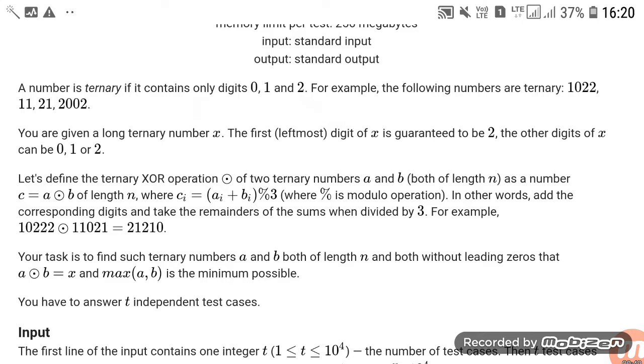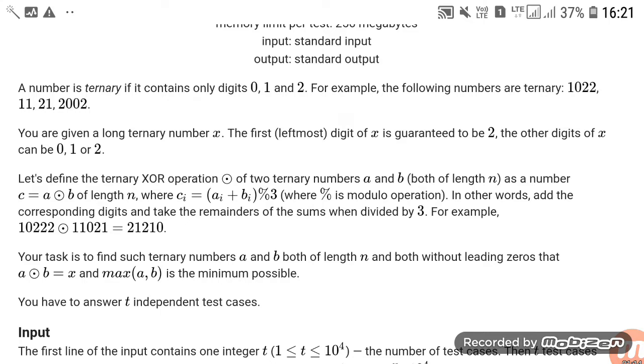Now let's define the ternary XOR operation of two ternary numbers a and b as a number c equal to (ai plus bi) mod 3. Okay, so the result will always be 0, 1 or 2. Since we are using modulo 3, the possible remainders are 0, 1 and 2.